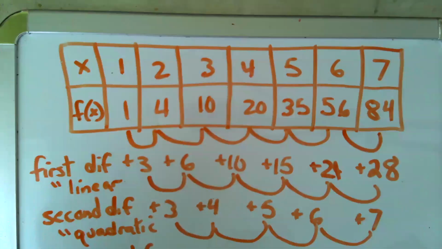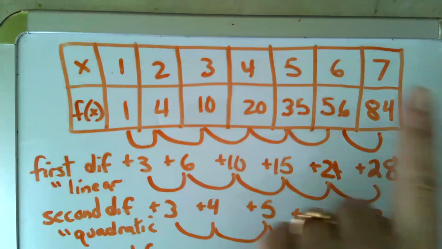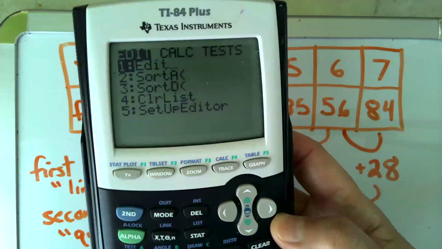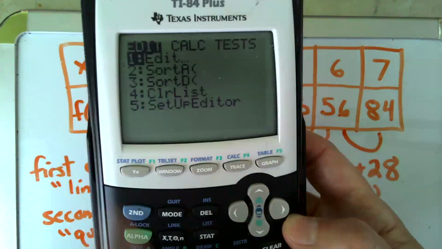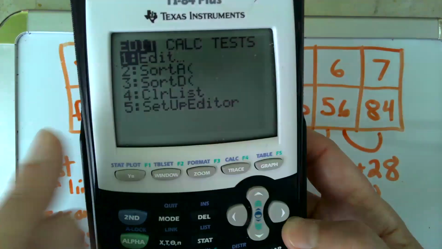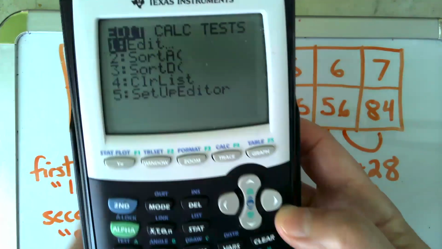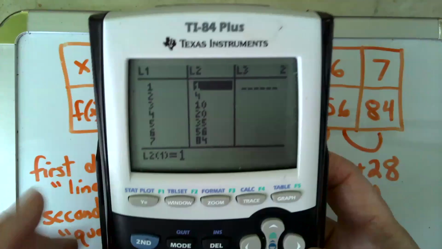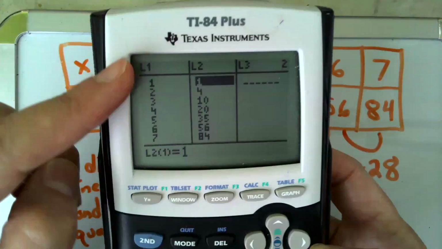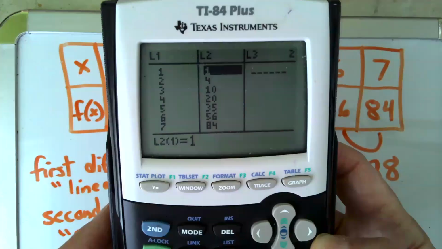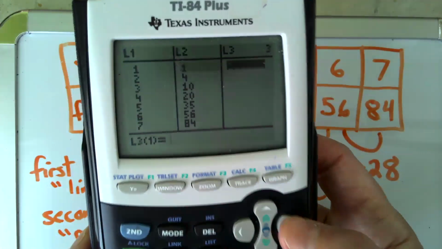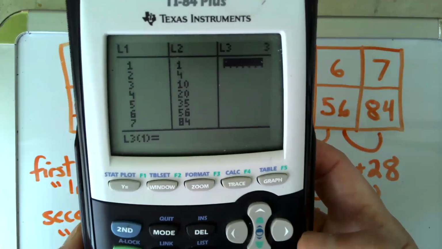All right, so now the question is, where do I enter all of this information? If I go back again to my stat, this is the first screen I get, in edit, number 1, and I press enter to make that happen. I get the option to enter things into my list. I have already entered these, but let me just go to list 3 to show you how I would enter.